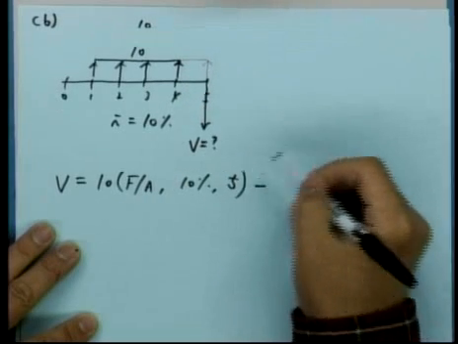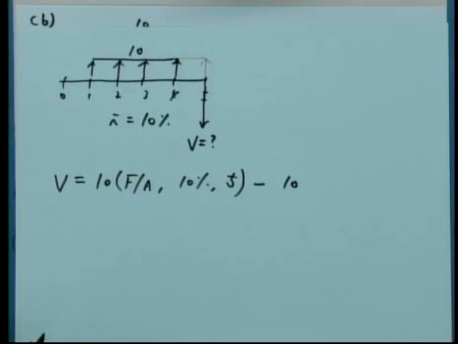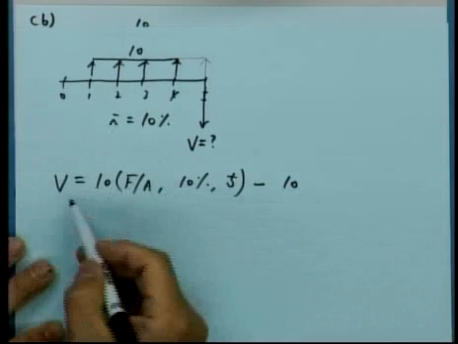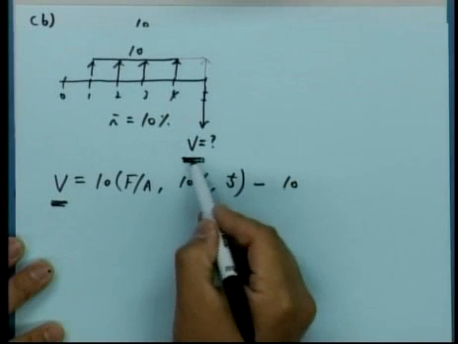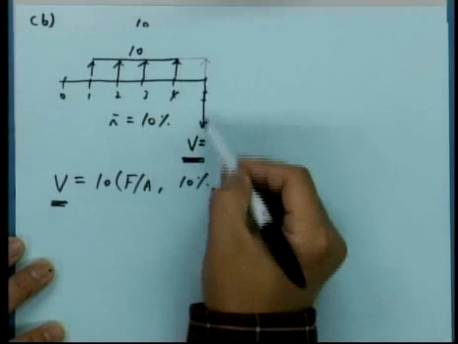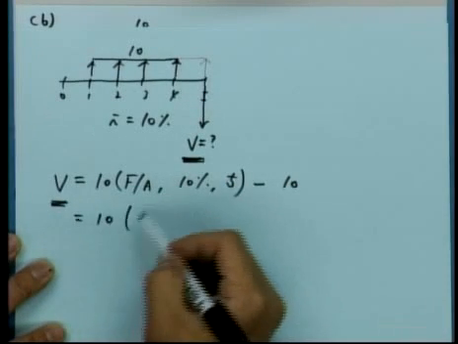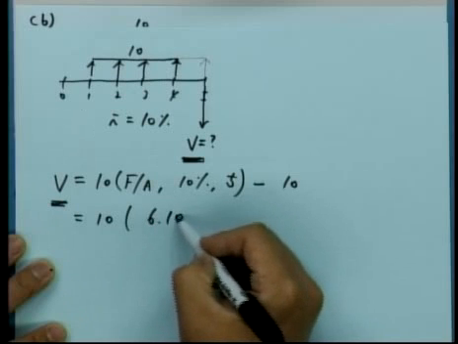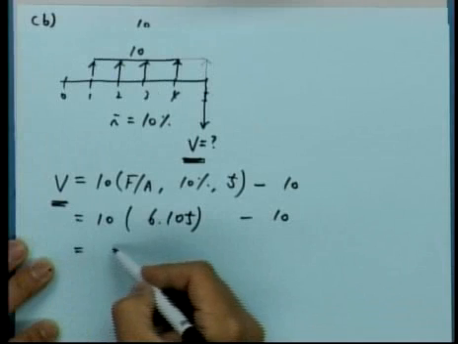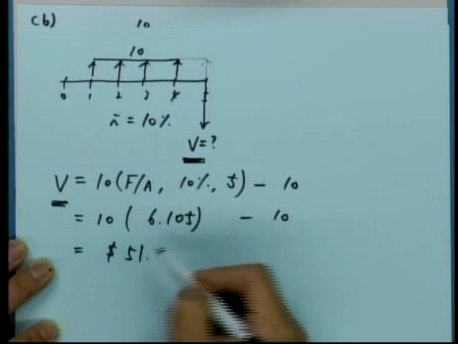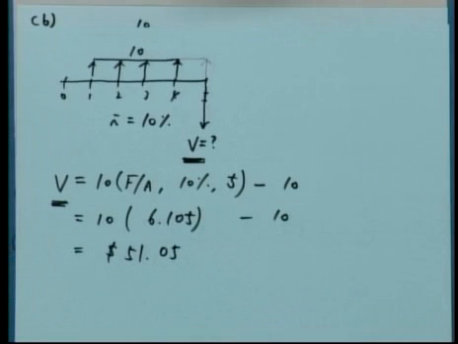So simply you can subtract 10 here. In that way, you can get this future sum V at the end of period 5. So this is 6.105 minus 10, which is equal to $51.05. Okay?